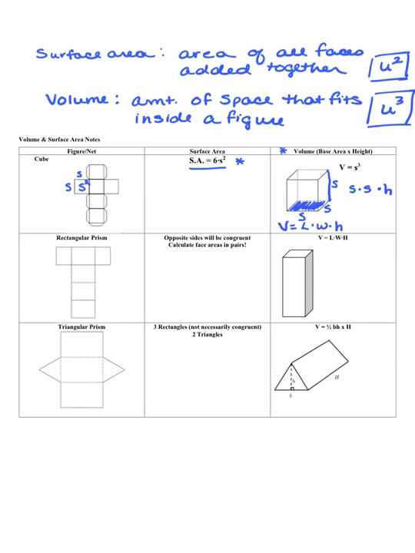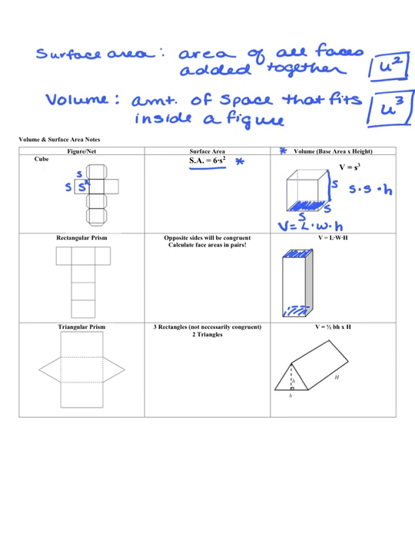For this rectangular prism, we could consider the base to be this top rectangle and also the bottom one that we can't see, but the longer rectangles could also be the bases, okay? So it doesn't matter as long as we're picking two sides that are parallel to each other.